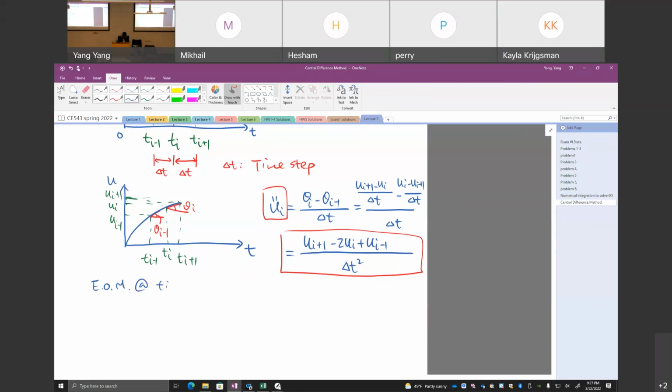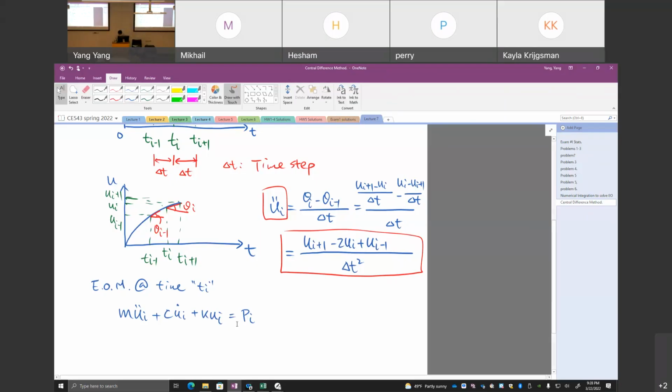At time i, we have the mass times the acceleration at time i, plus c times the velocity at time i, plus stiffness times the displacement at time i, equal to the force at time i.